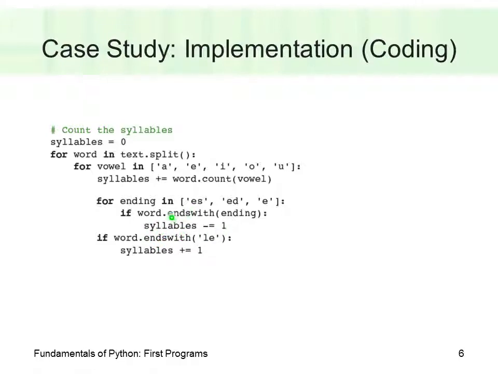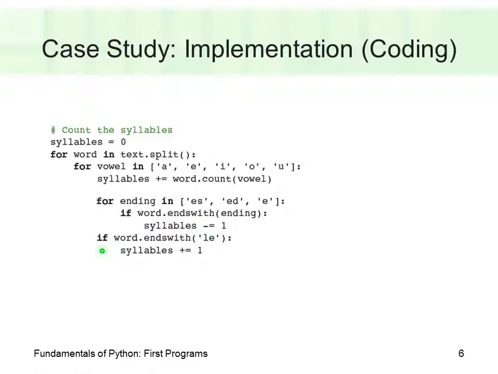So we are recovering some of these, although in some cases these endings may actually cause the word to have an extra syllable depending on pronunciation. But across the board, we're saying if the word ends in this, it does not add an extra syllable to the word. So we subtract one.